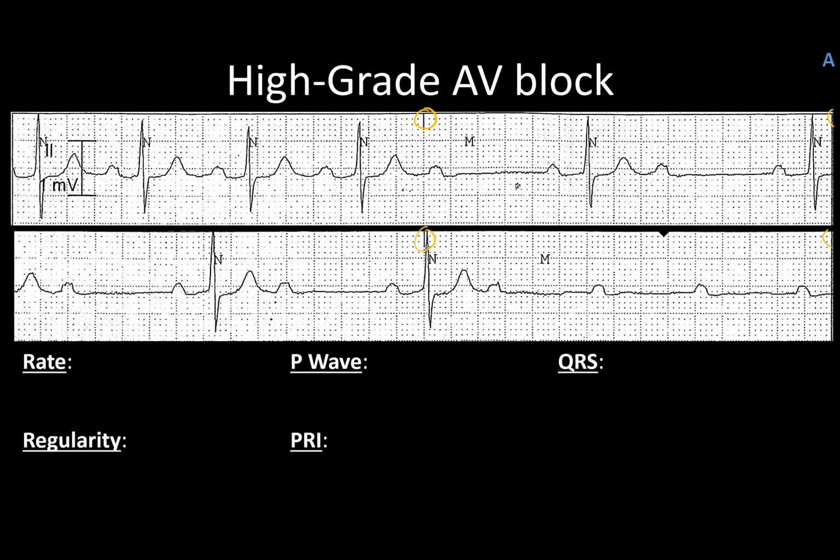Ultimately, it's pretty close to 12 seconds. And you can see how we start out with what's essentially sinus rhythm, and then we go into a block, and then we go into a worse block.